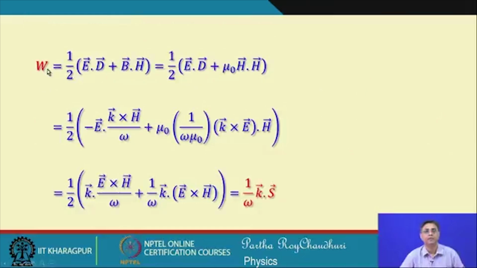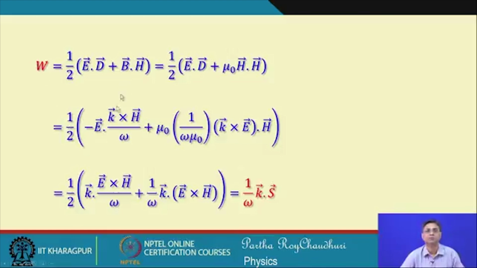So, the electrical and magnetic energy density can be represented as half of E dot D plus B dot H. If I use the constitutive relation for B, then half E dot D plus mu naught H dot H we can write for the energy density of the electromagnetic waves.